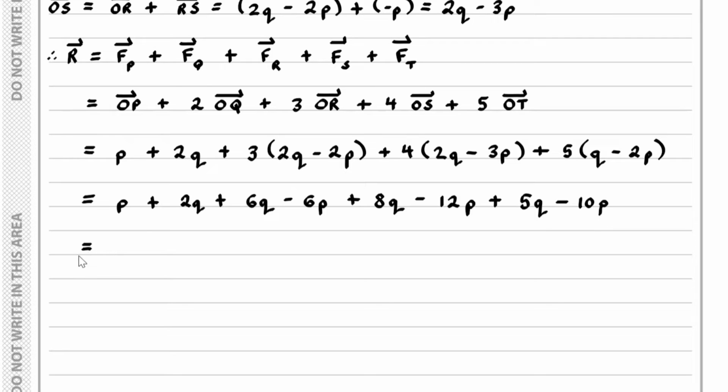And simplifying all this, we end up with minus 27P plus 21Q. So this is what the resultant vector R is.